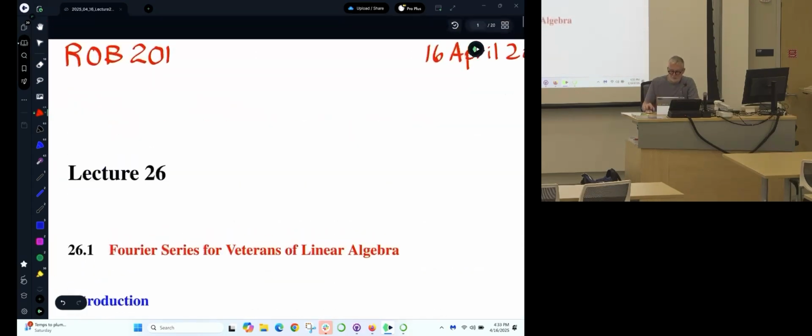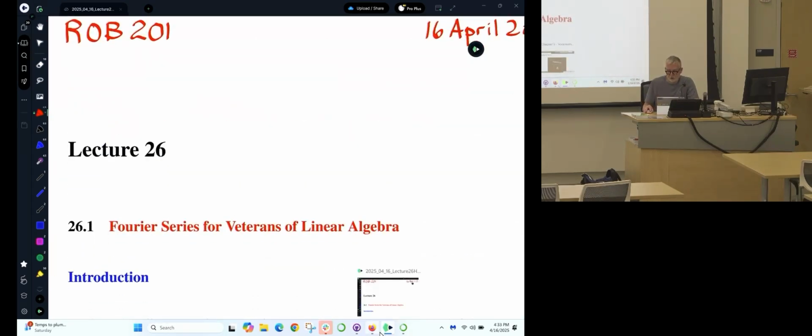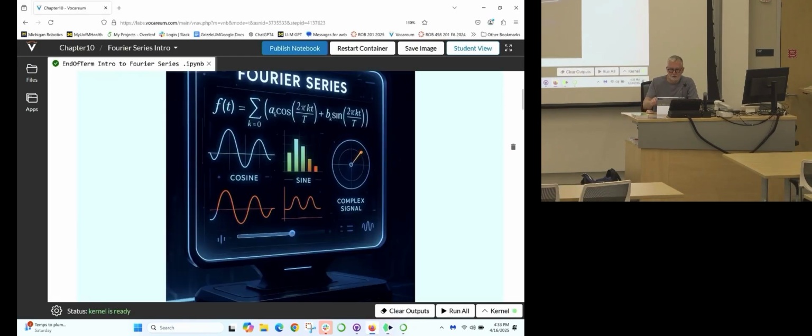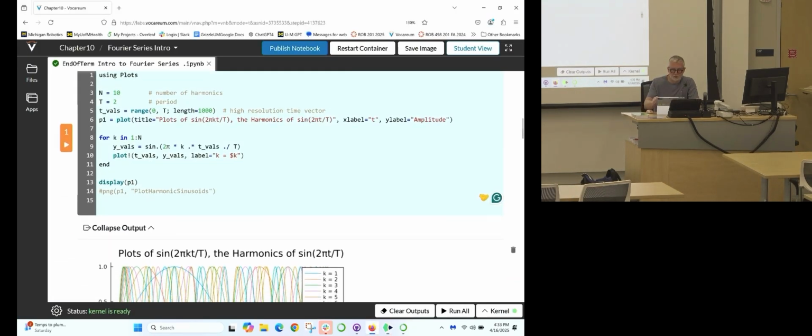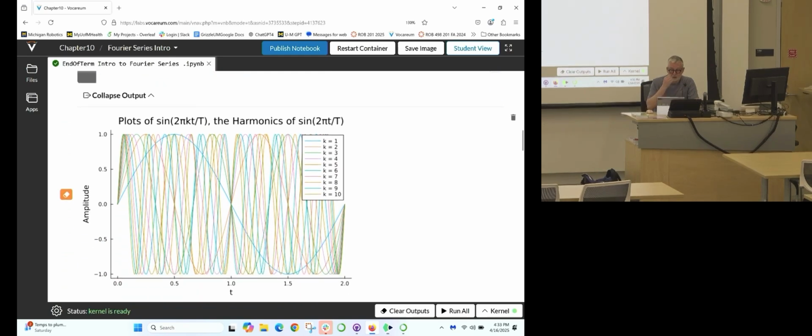So what I want to first do is just go through an example. So here's sine of t and its first 10 harmonics.